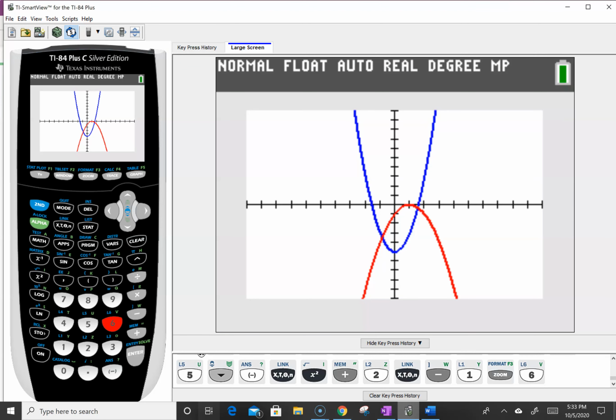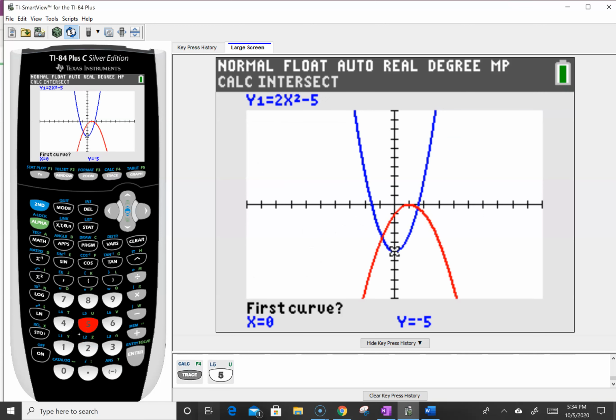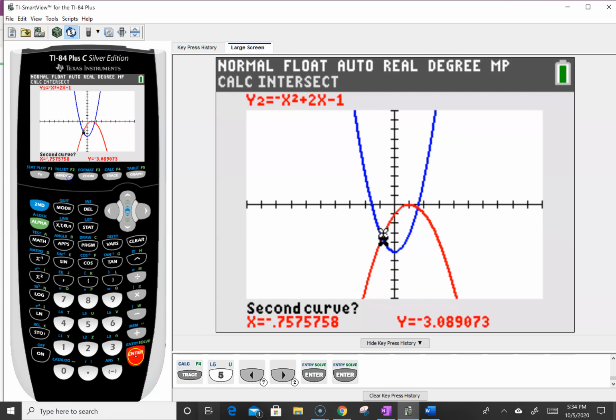All right, now to calculate it. We're going to do second, calculate, and I want an intersection, which is choice 5. It is not good enough just to hit the trace button. I'm going to keep saying that over and over again. Get it right on there. Enter 3 times. And boom. So my first one is going to be negative 8.6.